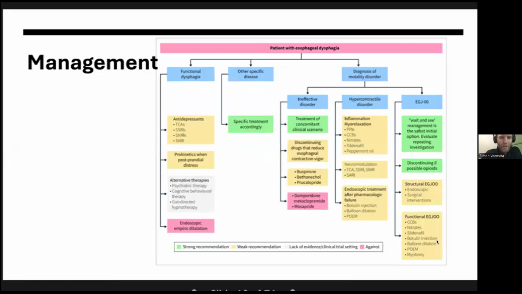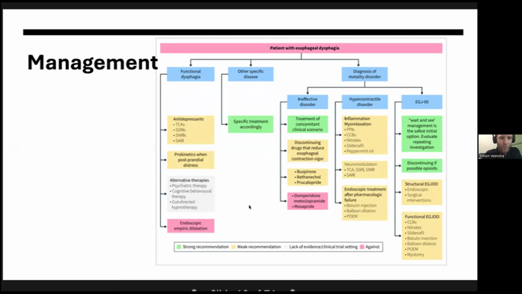I've put this in, but obviously management is broad. There's not a specific management strategy for dysphagia because there are so many different etiologies. But just to say that for various broad buckets like functional dysphagia, we have things like neuromodulators and your antidepressants to help with that.